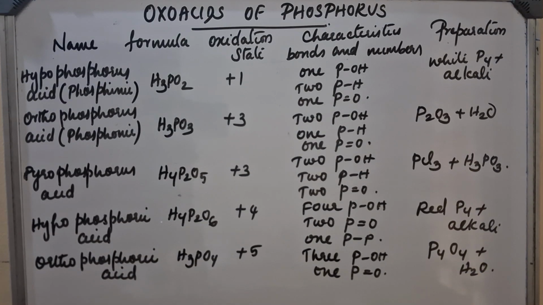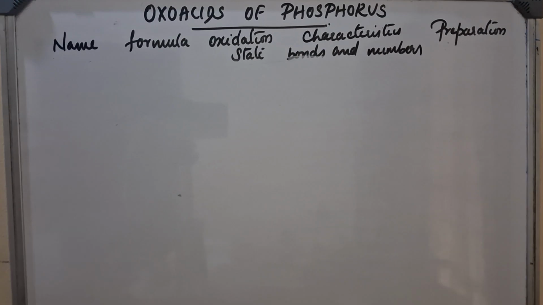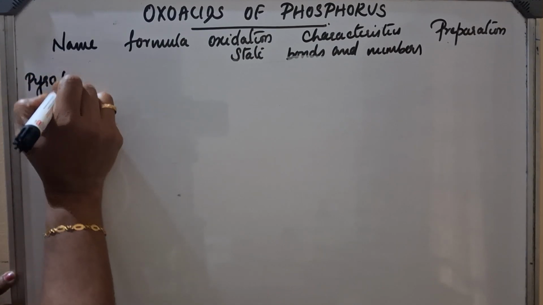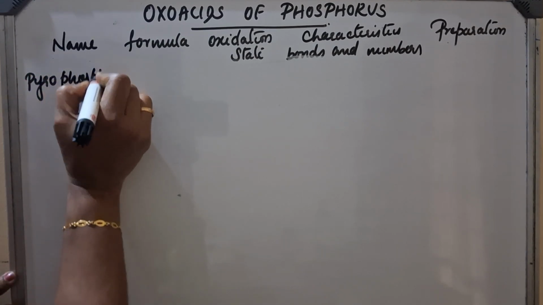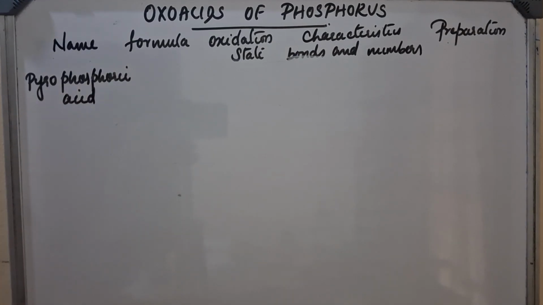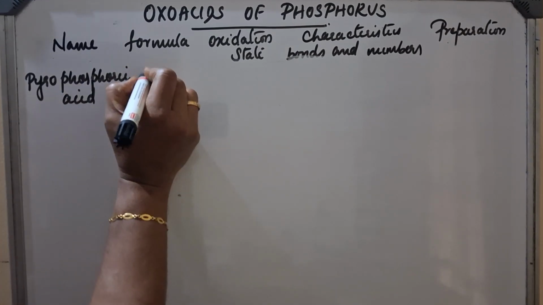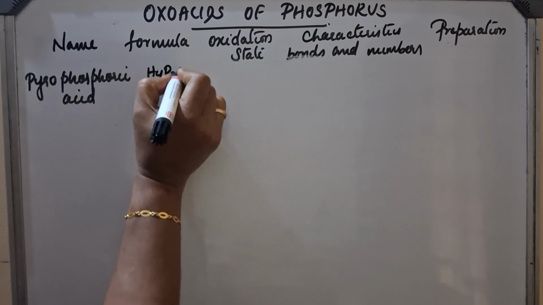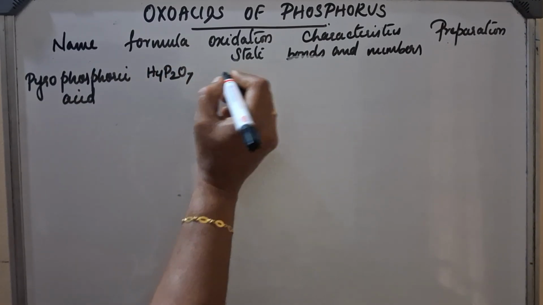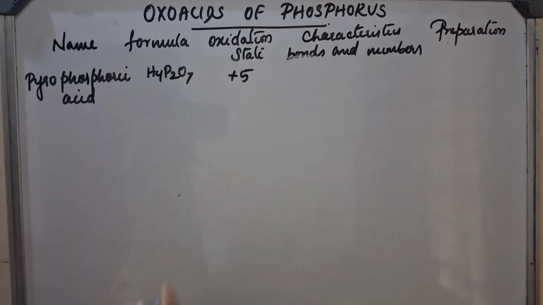Next compound, pyrophosphoric acid. Its formula is H4P2O7, and the oxidation state of phosphorus is +5.